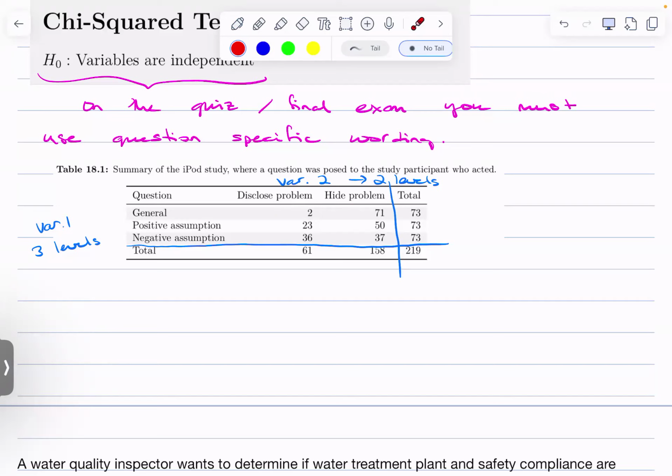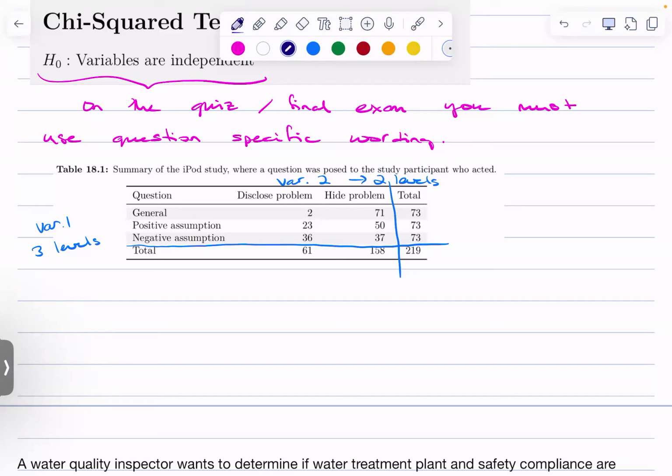So, like I said, we've got our gut reaction saying this doesn't look like the question variable is independent of whether they disclose the problem or not. And so let's start with our null hypothesis here.